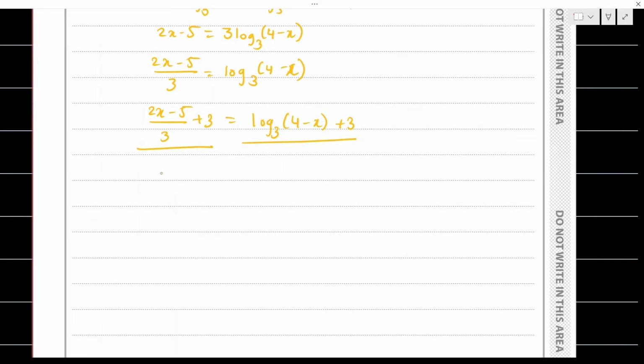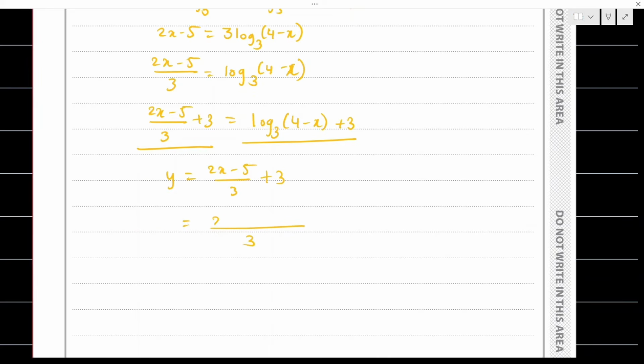So we can say that y equals 2x minus 5 divided by 3 plus 3 is our suitable line. I can just simplify this a bit.